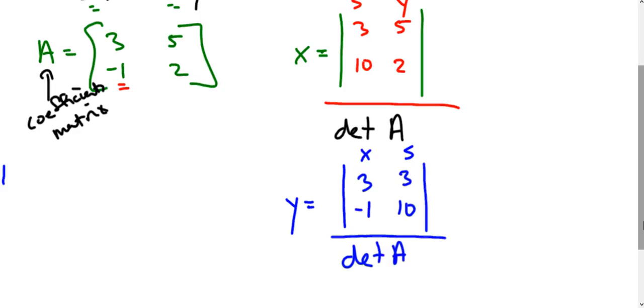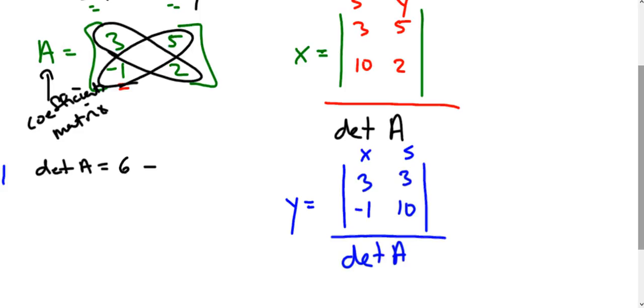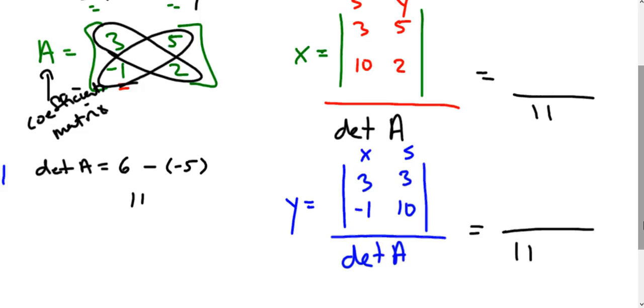So without further ado, let's find this. I'm going to find the determinant of A. Recall that we're going to multiply diagonal 3 times 2, so it'll be 6, minus our diagonal this way, which is going to be negative 5. And so what we have here is going to be 11. 11 is going to be our A value. So over here, I'm going to have 11 divided by... let's find the next one.